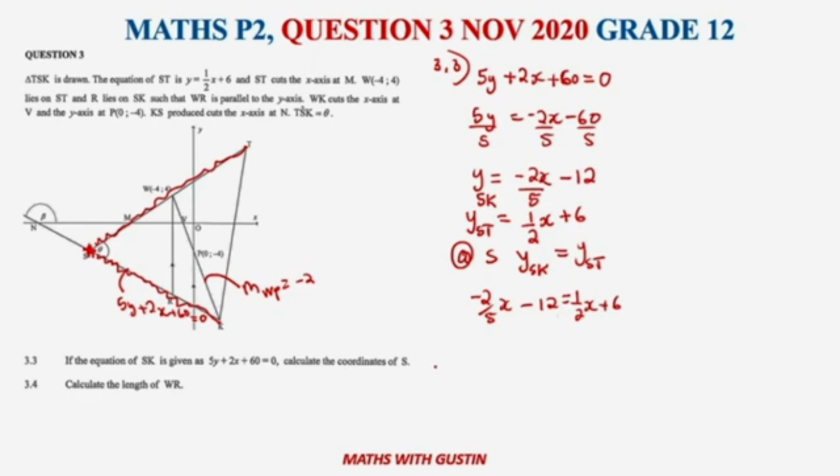Therefore we are going to make x the subject of the formula and multiply throughout. First thing we can do: we can see that there's a 5 there, then there's a 2 here. We can multiply throughout by 10 to avoid having a fraction.